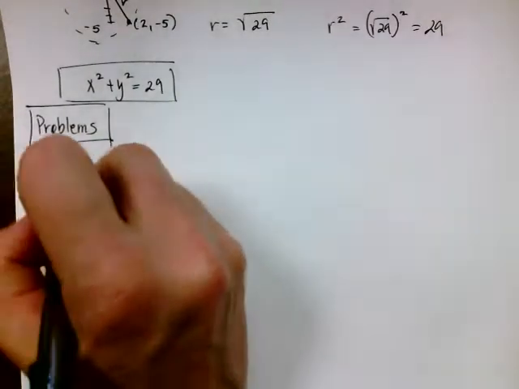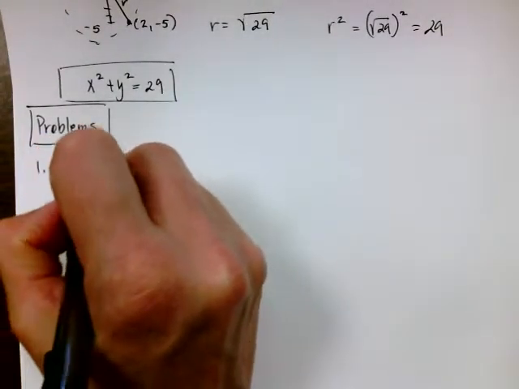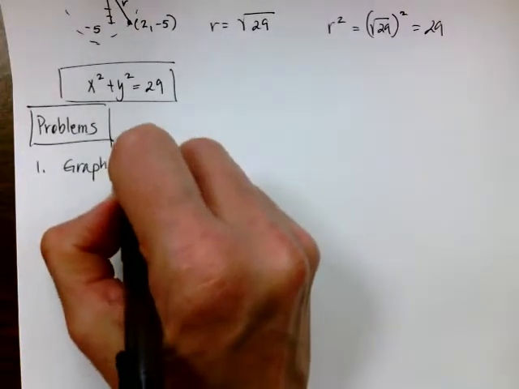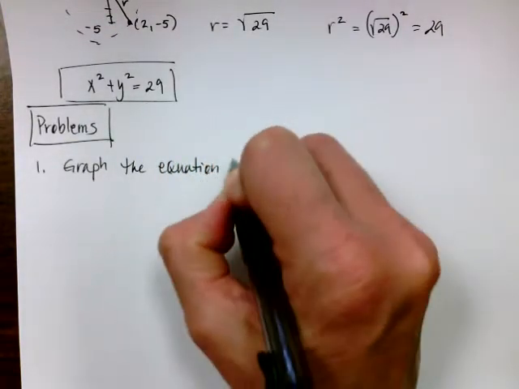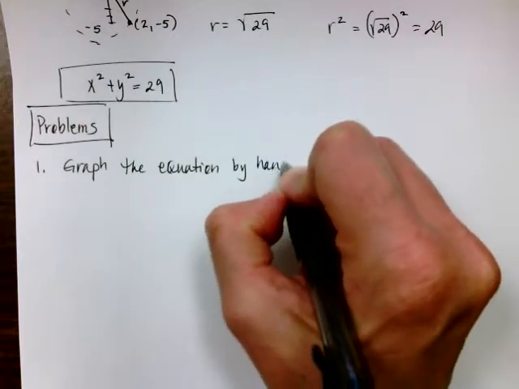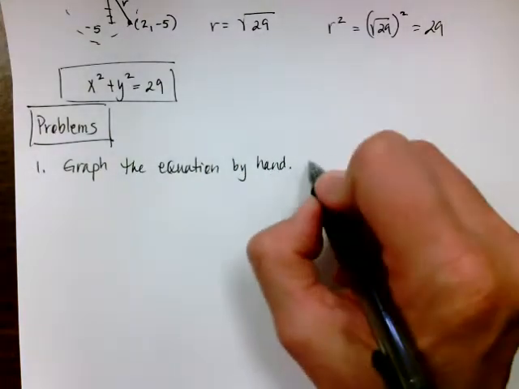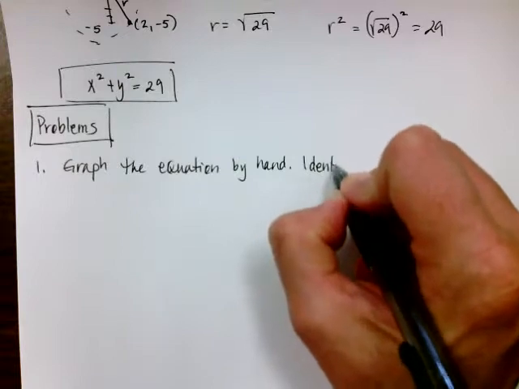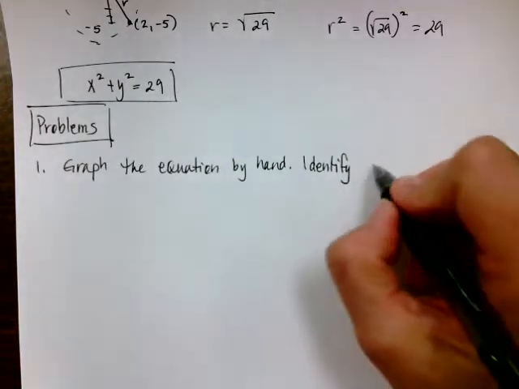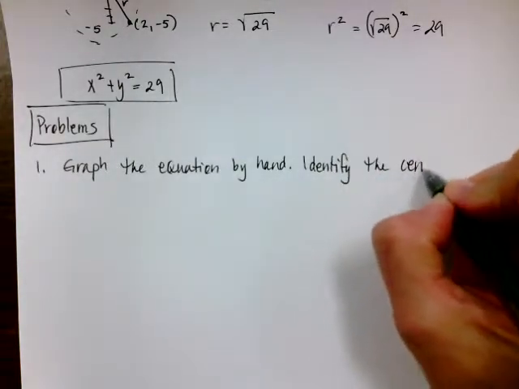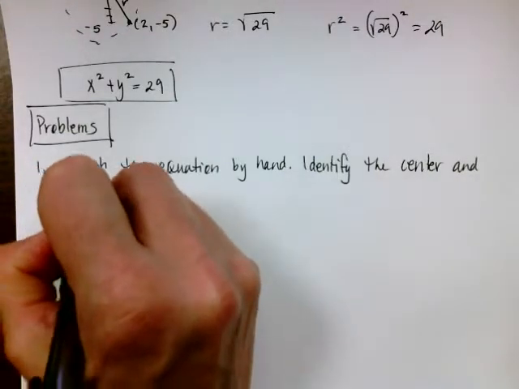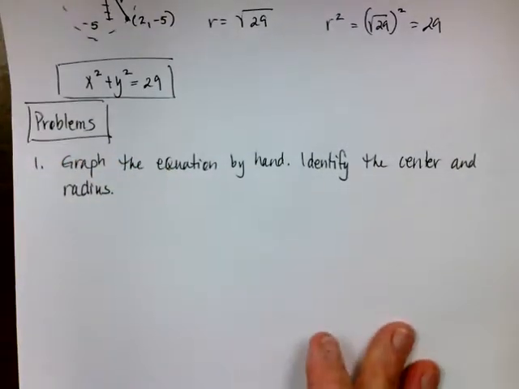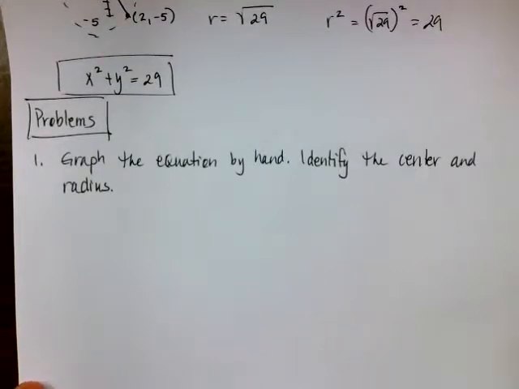Your first problem says graph the equation by hand, labeling everything, and I want you to identify the center and radius. That means in my answer column on a quiz or exam, I would say center and give the coordinates, and then radius and give an answer.